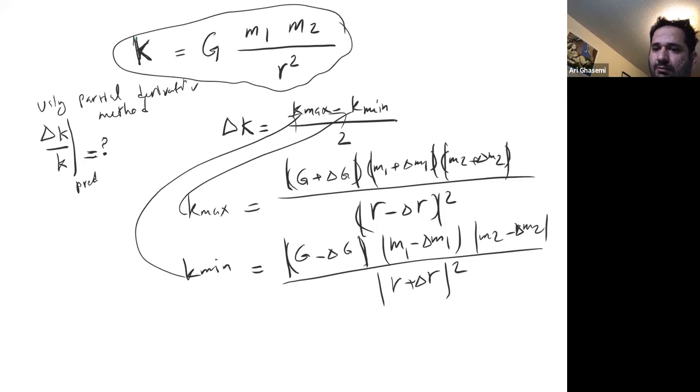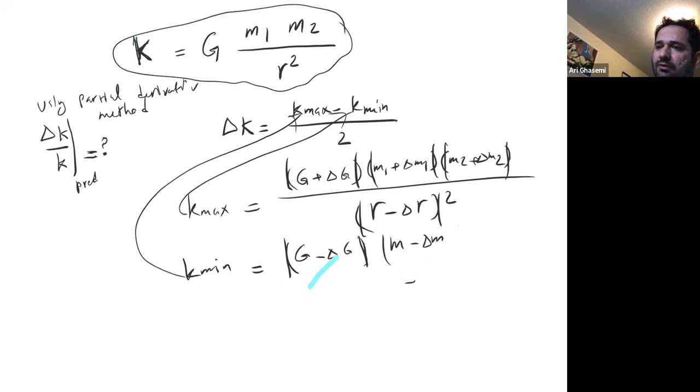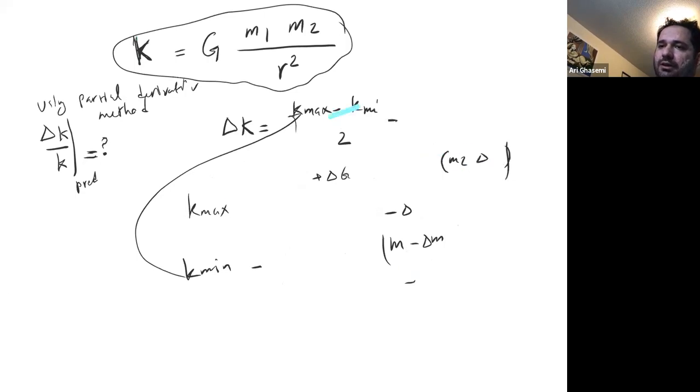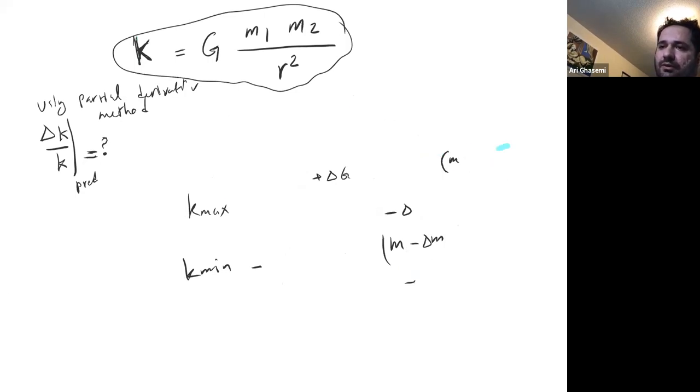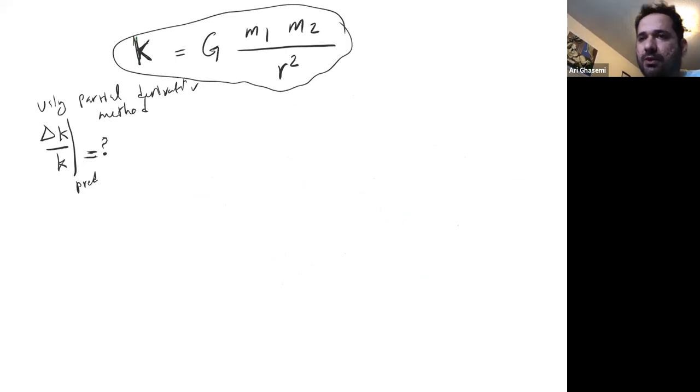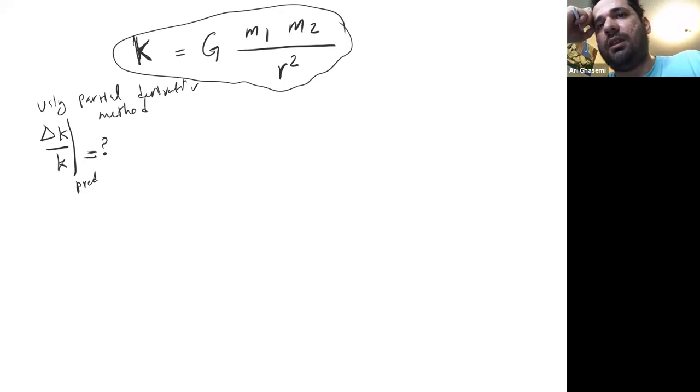Okay? But in this question, I'm asking you to find delta k using partial derivatives and give me the formula, a very simple, beautiful formula after simplification. So you have to find delta k divided by k average, do a simplification, and then find the formula.